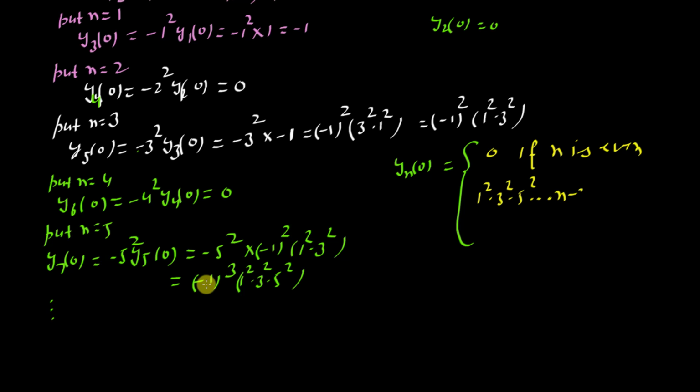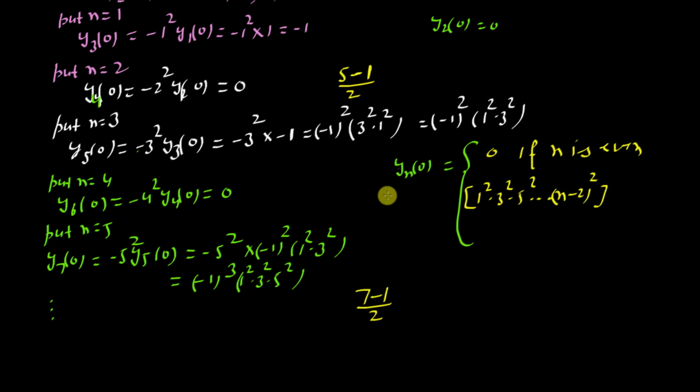Fine. Now see the power of minus 1. Here is 3, here is 7. So when you subtract 1 from 7 and divide by 2, you will get 3. For 5 you will get 2: when you subtract 1 from 5 and divide by 2, it will be minus 1 raised to the power 2.